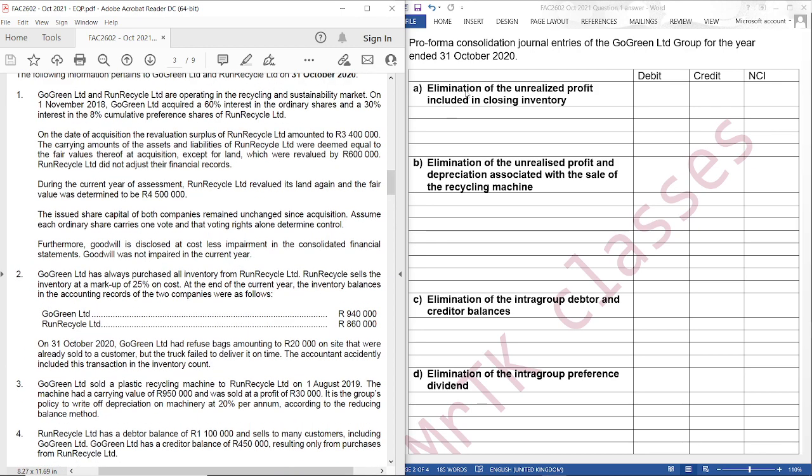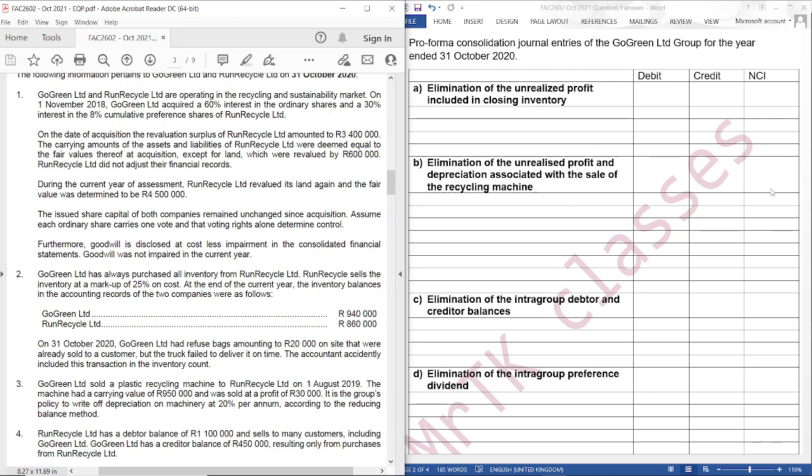All right, A, elimination of the unrealized profit included in closing inventory. Let's go through our transactions. Go Green Limited and Run Recycle Limited are operating in the recycling and sustainability market. On 1 November 2018, Go Green Limited acquired a 60% interest in the ordinary shares and a 30% interest in the 8% cumulative preference shares of Run Recycle Limited.